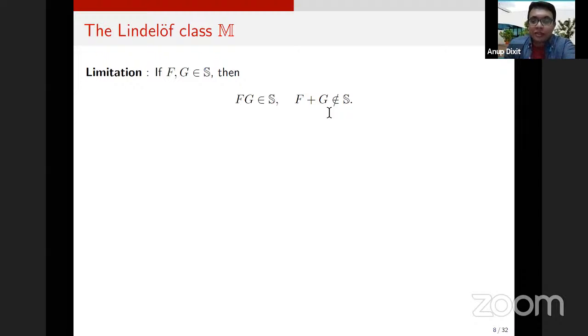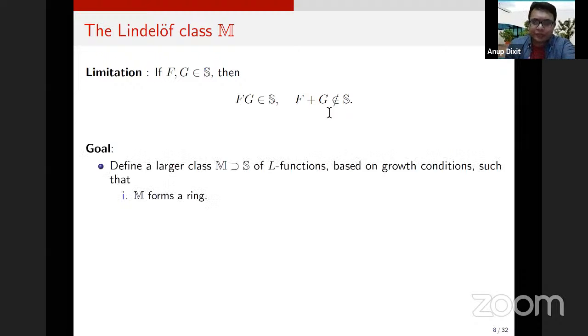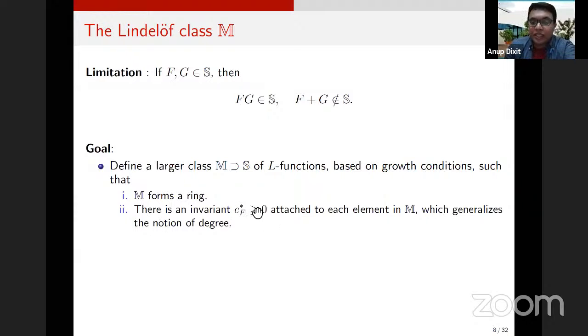So one of the main goals would be to define a larger class of functions which is based on growth conditions rather than functional equation and Euler product, and such that it forms a ring. And then we introduce an invariant purely based on growth conditions, which would mimic the degree in the Selberg class.